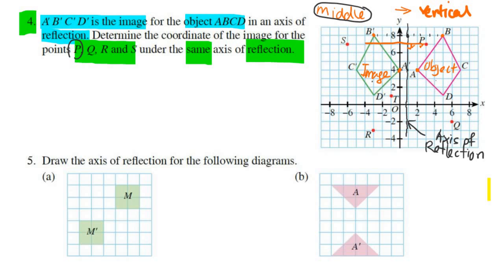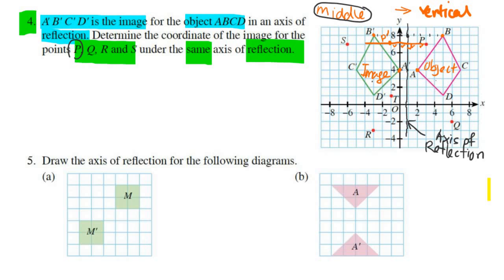That means the image will be the same distance from the axis of reflection. We count another 2 units, 1, 2. So 2 units away from the axis of reflection perpendicularly, there is the image. This is the image of P.